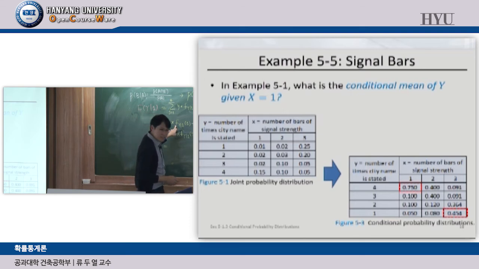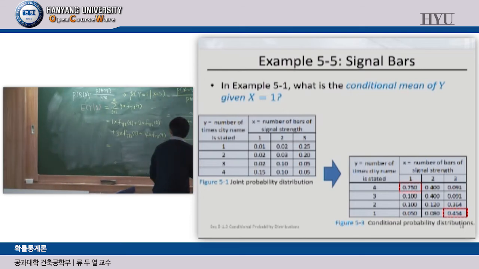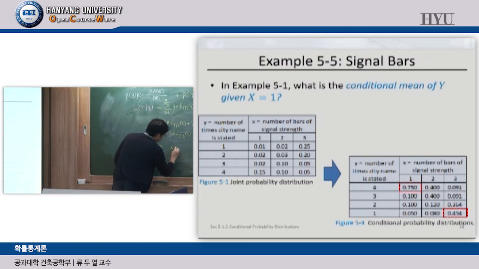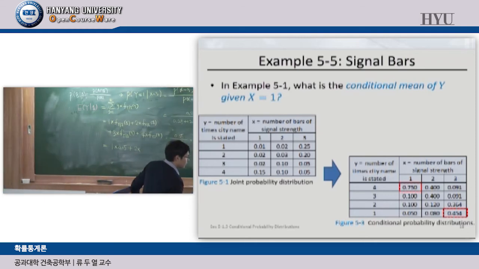So what is this? X is equal to 1 and y is equal to 1, the probability, right? So there is 1 multiplied by 0.05, plus 2 multiplied by, what is this? So y is equal to 2, but x is equal to 1.